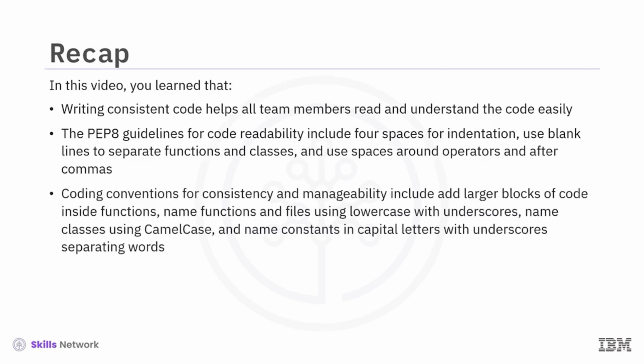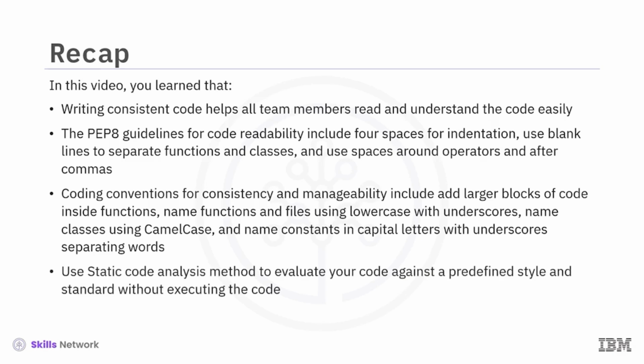Some coding conventions for code consistency and manageability include: add larger blocks of code inside functions, name functions and files using lowercase with underscores, name classes using camel case, and name constants in all capital letters with underscores separating words. Use static code analysis method to evaluate your code against a predefined style and standard without executing the code.